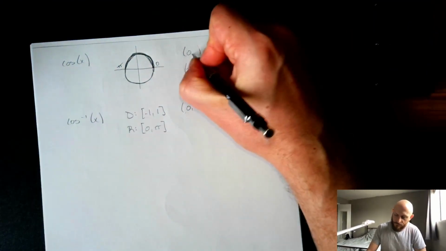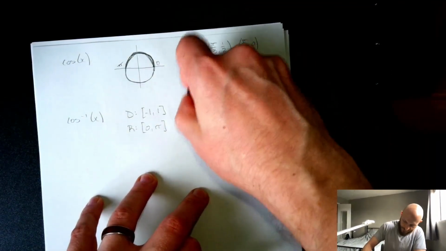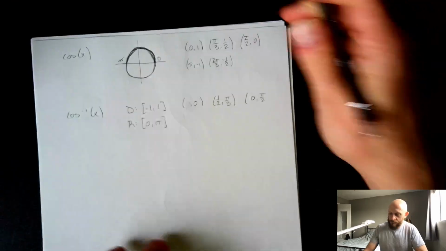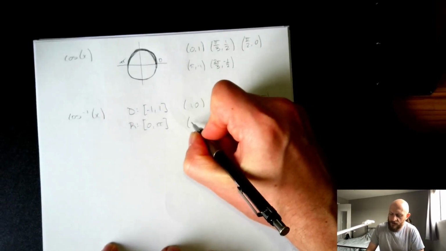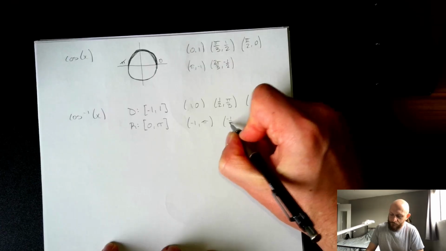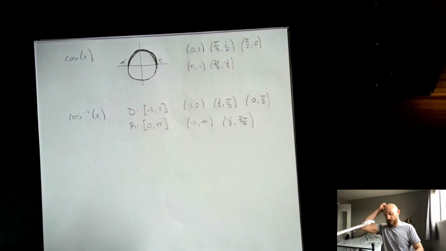This is 0, 1, so this should be 1, 0. Sorry about that. This part is not too important anyways. Again, the graphs are sort of important. Domain and range are mostly important, because that's when we're going to use these things, calculating some inverses.